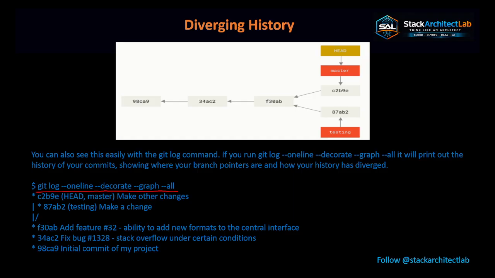So at this moment, what we can make out is that we are on the master branch, and our master branch commit number is this, and we have one feature branch, and the feature branch commit number is this one. Correct. So this is how we can see the complete detail of what exactly is going on.